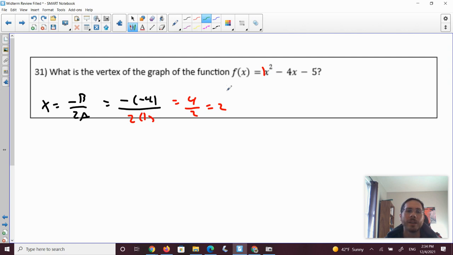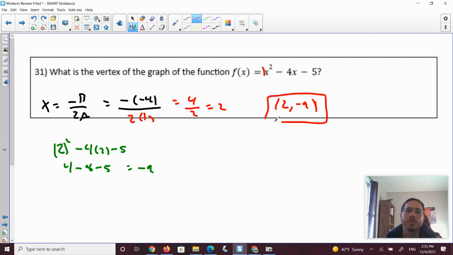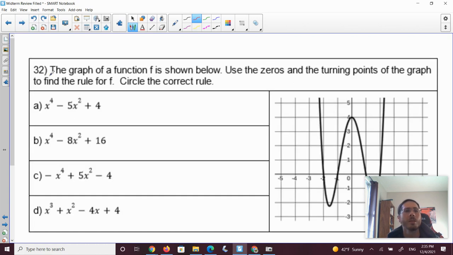And we plug the 2 back into this equation. 2 squared minus 4 times 2 minus 5. So 4 minus 8 minus 5 is negative 9. And that's it. So we're all set. That one's already done as well. That's a pretty quick one. Again, probably faster to do by hand than to type it into the calculator, but you can type it in the calculator if you want.